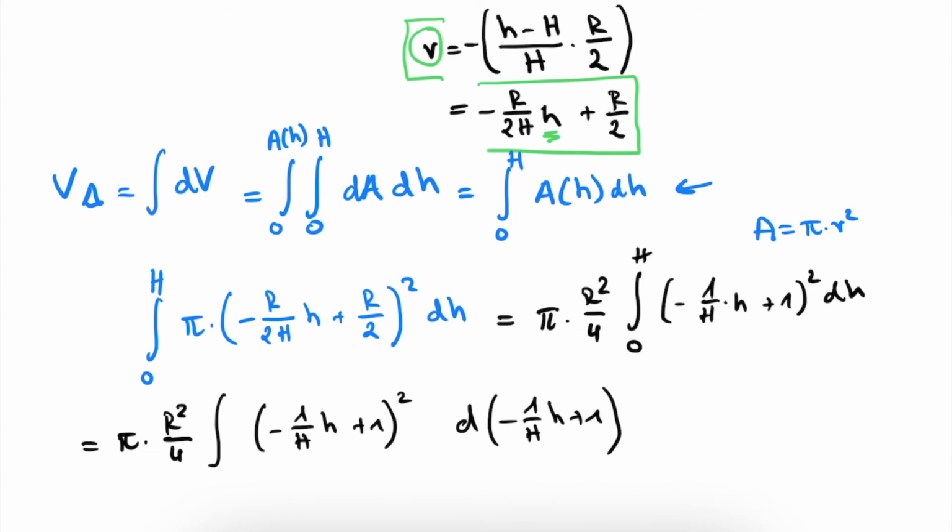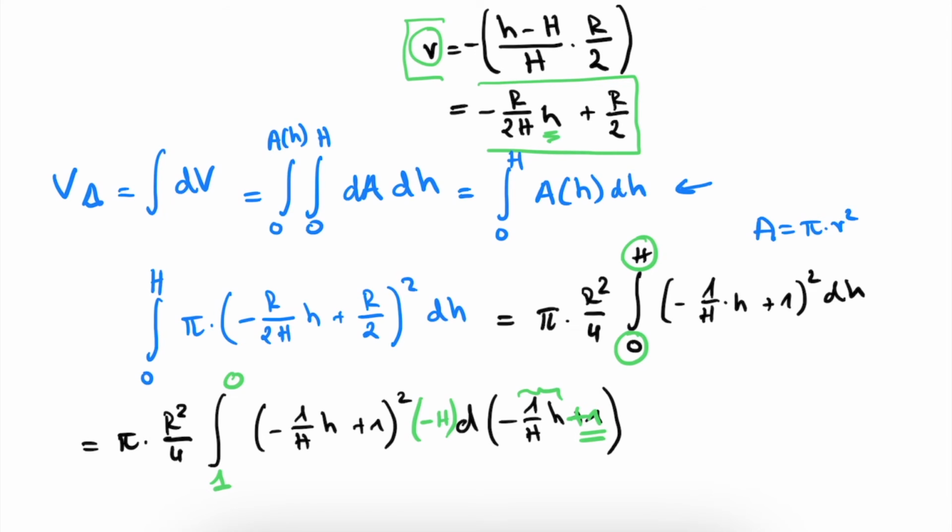But of course we need to compensate for this minus 1 over capital H, which we do by multiplying by minus H. And the boundaries of course also need to be adapted. So if small h is 0, then we see that our new integration variable is simply 1. If small h is equal to capital H, then we see that we have here minus 1, and then we add 1, so that our boundary becomes 0.